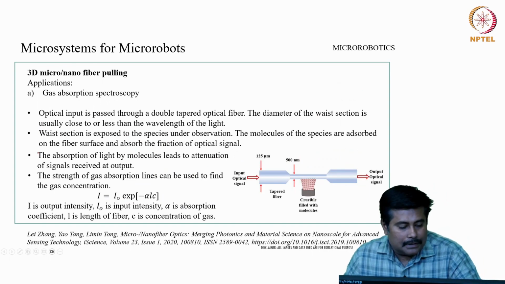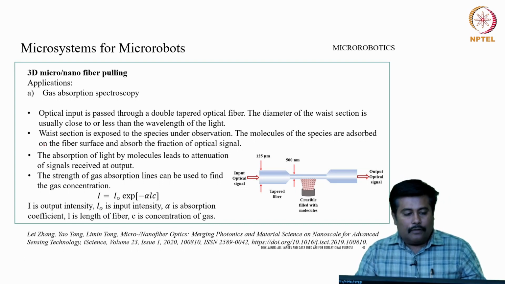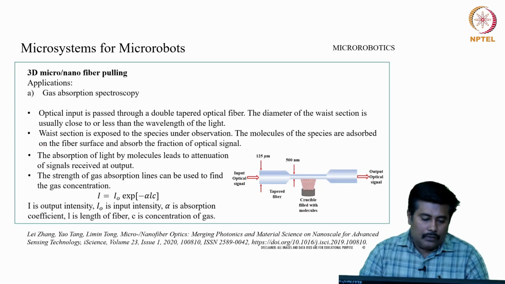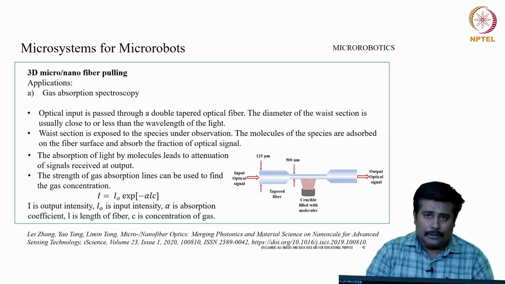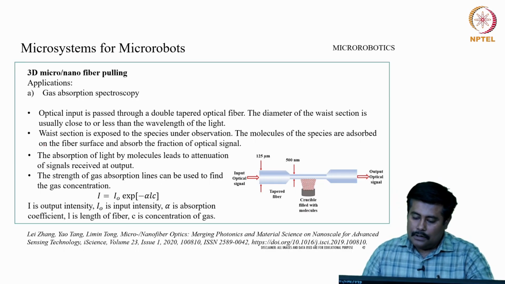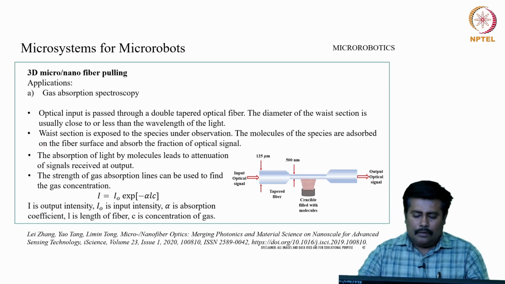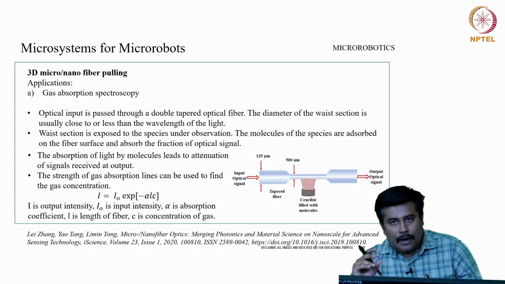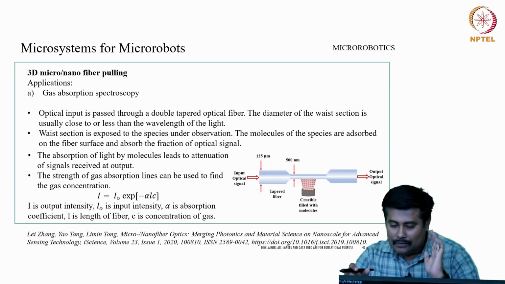Now, from the application point of view, these kinds of optical fibers are highly used for gas absorption spectroscopy. If you see the overall construction, let us consider a crucible which is filled with a gas, and this is the gas that needs to be investigated.